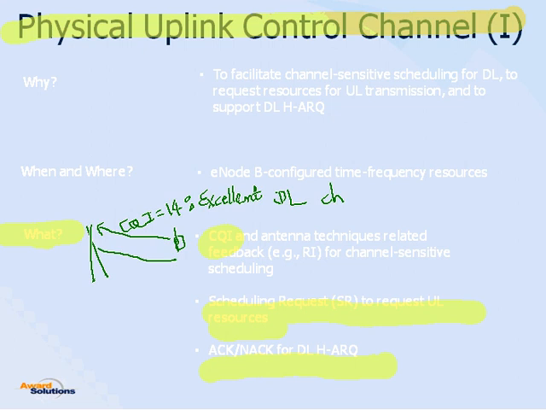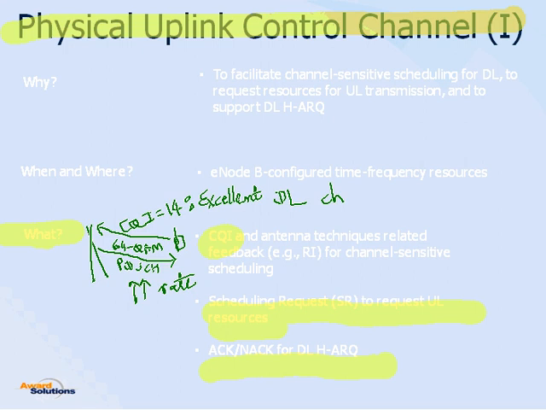So let me send a lot of bits to the user. Maybe I will use 64QAM modulation on the high speed downlink channel. That will increase my data rate, very high data rate. We are able to increase the throughput. So channel quality indicator feedback is very important for the downlink transmission.